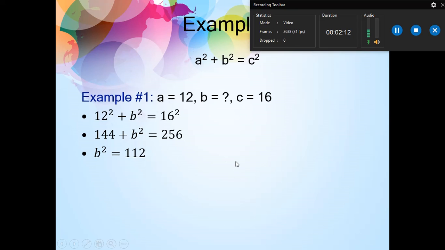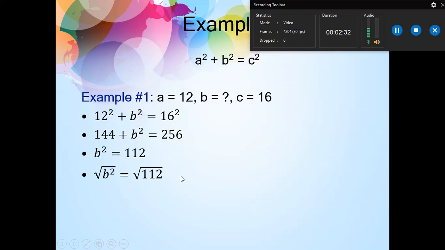At this point, we're going to square root both sides so that we can just get b. We don't want b squared. Now, we've been working with simplifying square root radicals, so I do not want a decimal. I want a simplified square root. So you need to find two numbers that would multiply to 112, but one has to be a perfect square.